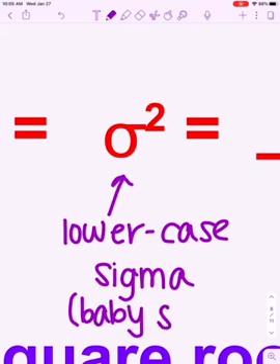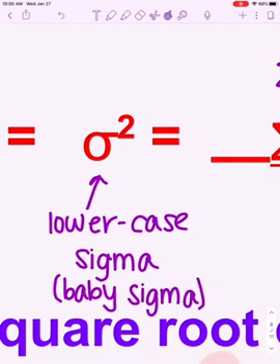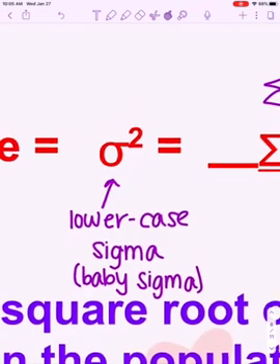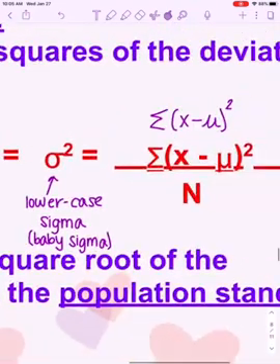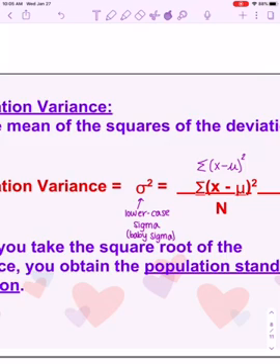But that's me. Don't go to college and call things baby sigma. So baby sigma squared is your variance, okay? Those are squared because your numbers are being squared. You have to square your deviations in order to be able to use them properly. Get your variance. Variance isn't super helpful because we squared everything, so all my numbers are bigger.